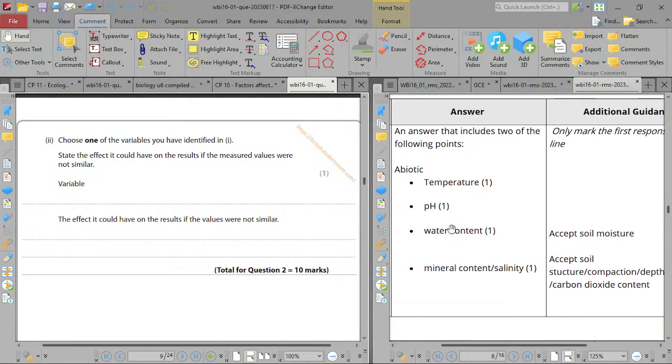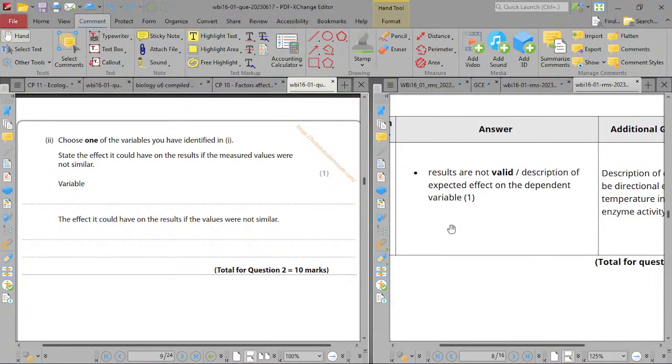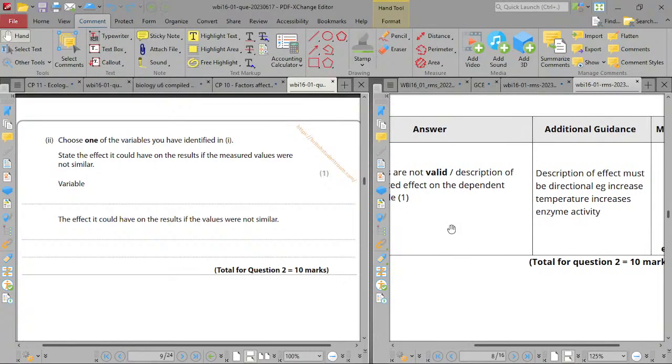Temperature, pH, water content. The results are not valid. Description of expected result. Description of effect must be directional, e.g. increase in temperature, increase in enzyme activity.